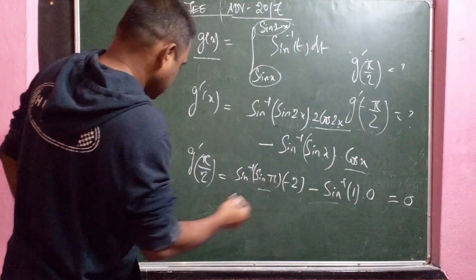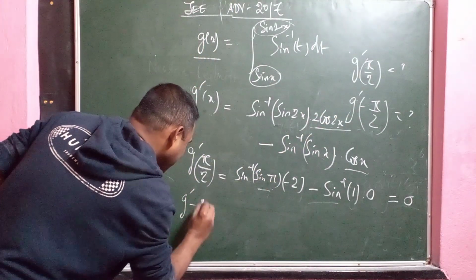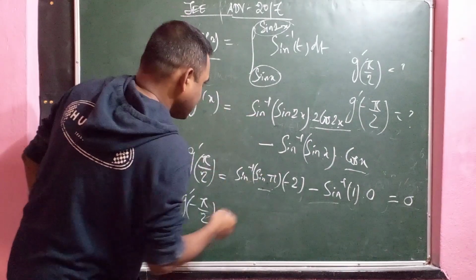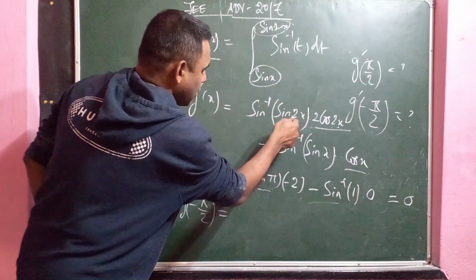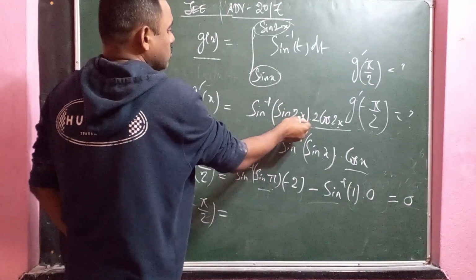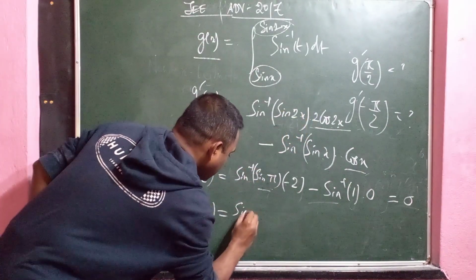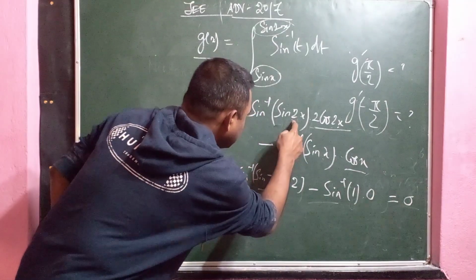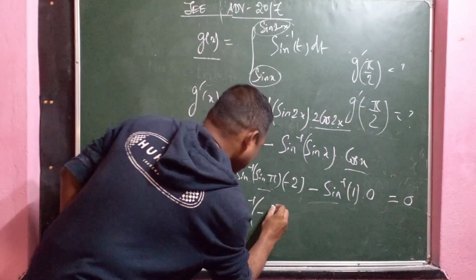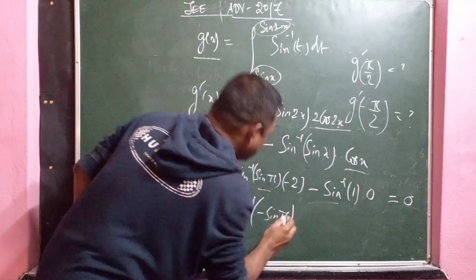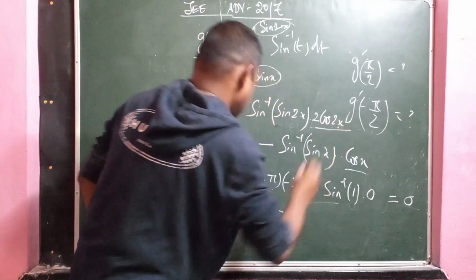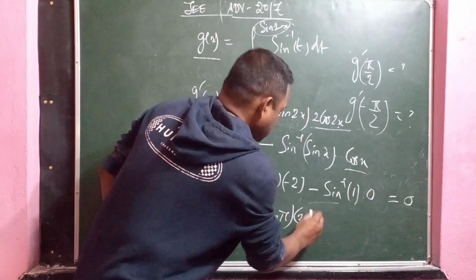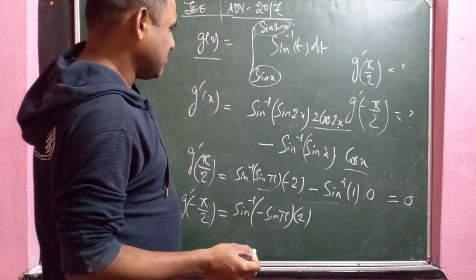So now G dot minus pi by 2. Substitute this: sin inverse of sin minus pi is again 0, then cos pi is minus 1, right?